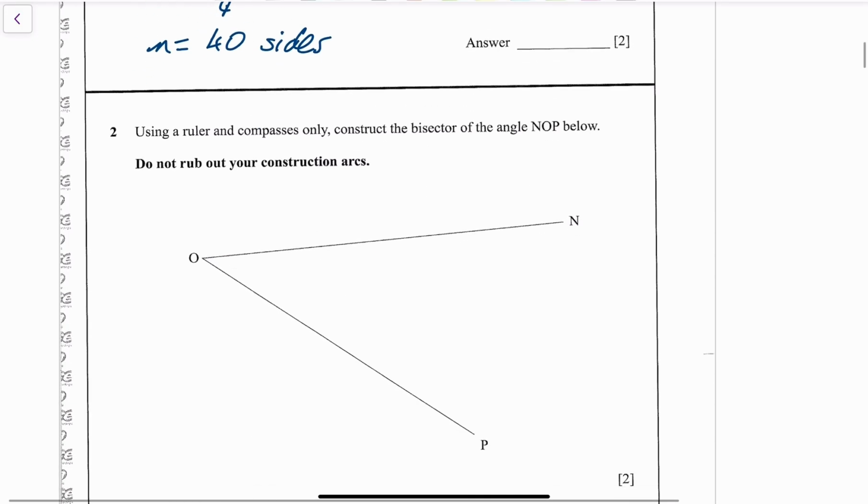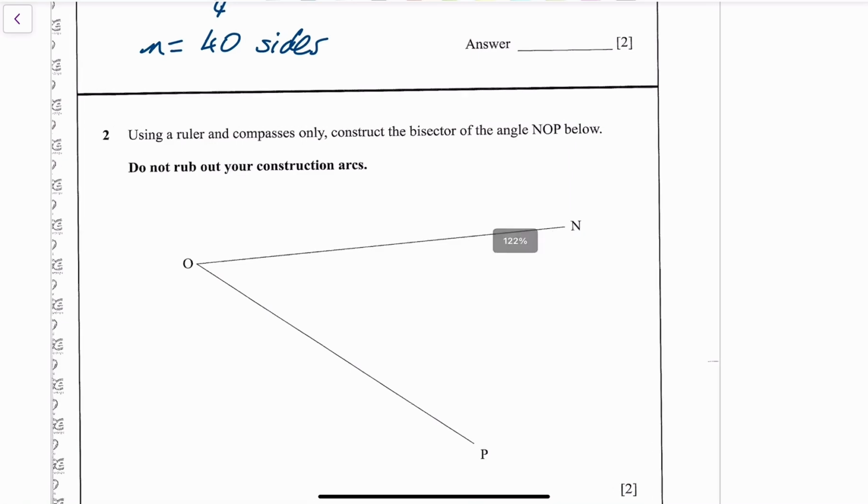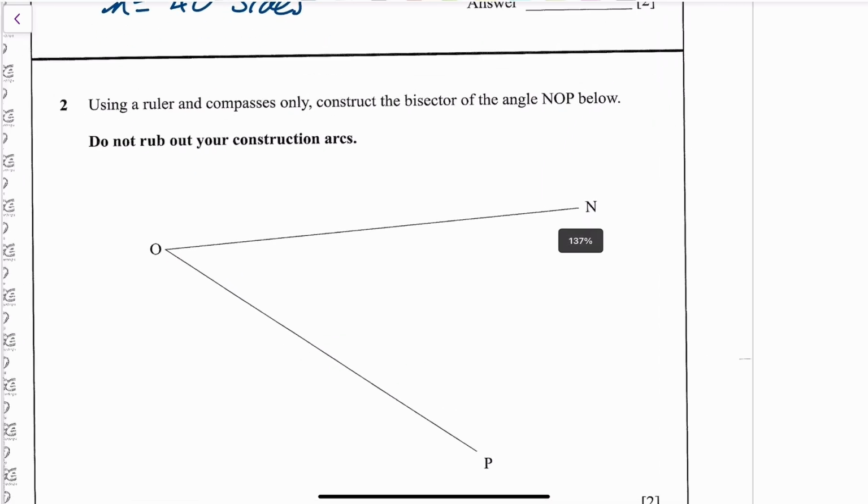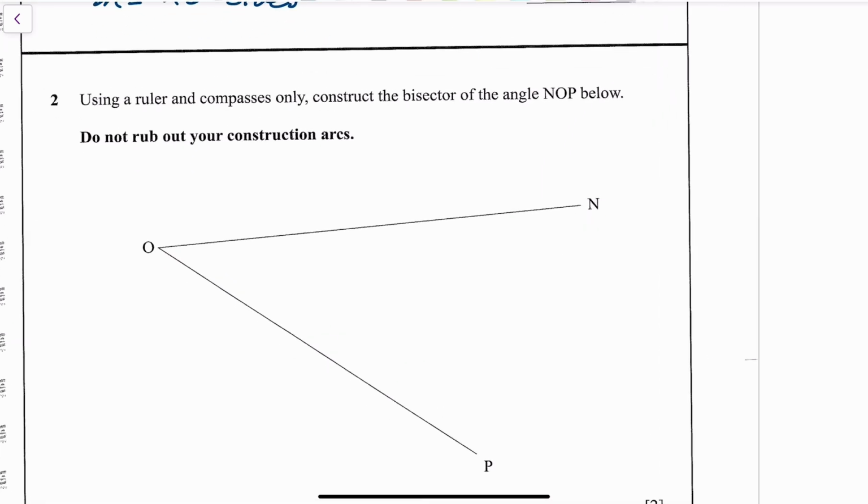Next question says, using a ruler and a compass only, construct the bisector of the angle NOP below, and do not rub out your lines of construction. So if you open your compass up, put the point of your compass at O and open it up a certain amount. I'm doing this very roughly here, folks. This is not a good version of this at all. Then from this point, open your compass a certain amount and do an arc inside.